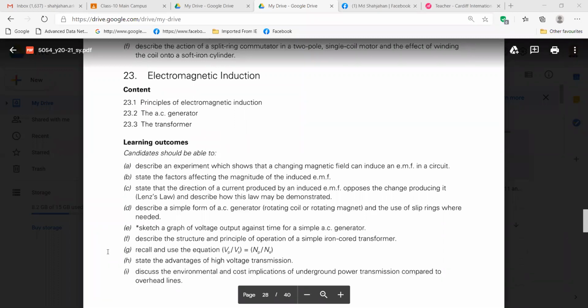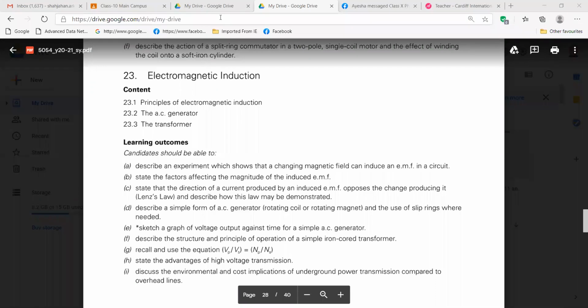And for transformer, it is a must. For the function of transformer, we must need AC. Because AC is changing the direction of the current continuously, and because of this change of direction of the current, we are having change in magnetic field.